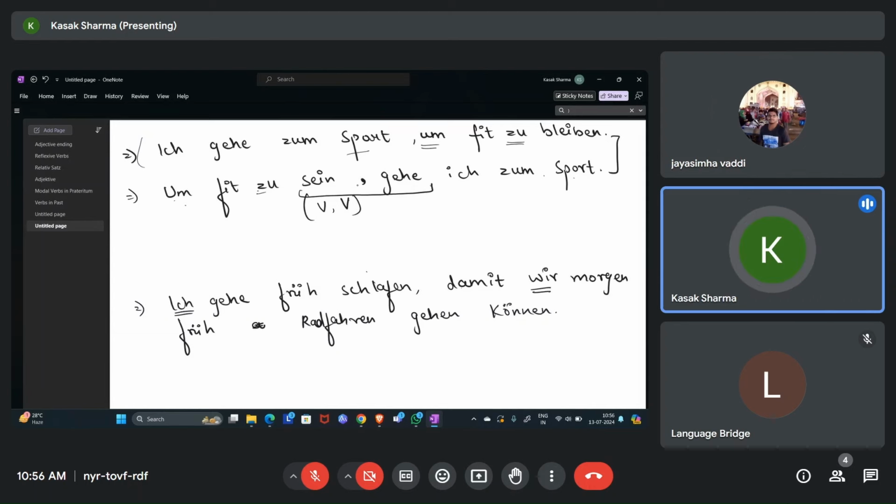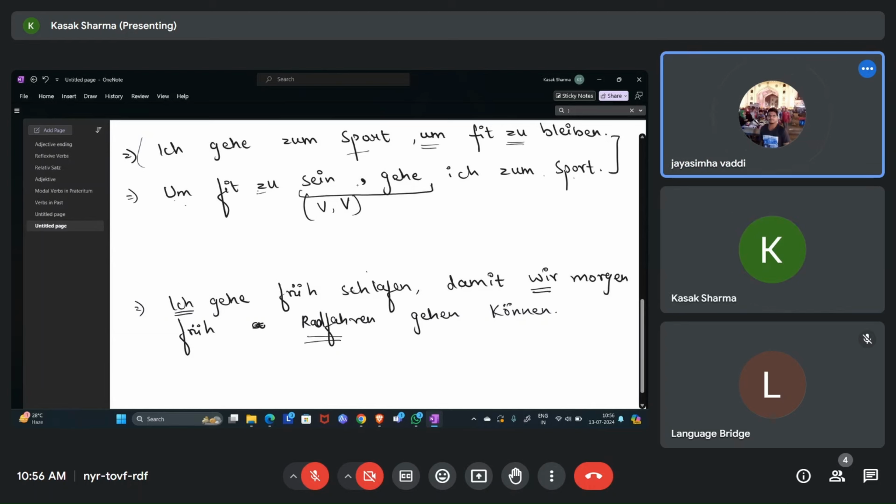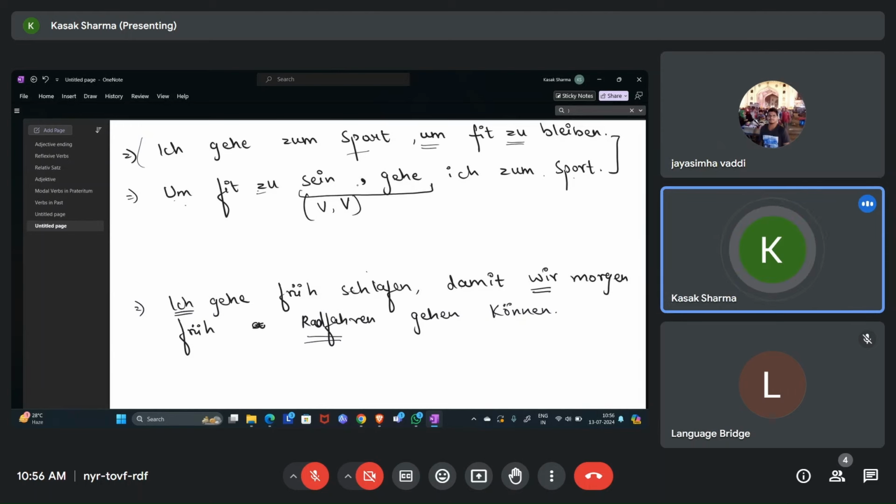I go early to sleep, in order that we can go cycling early in the morning. So here we have different subjects, and the verb is conjugated according to each subject. The ich will only conjugate the verb present in this clause, and after damit the subject present there will conjugate the other verb.